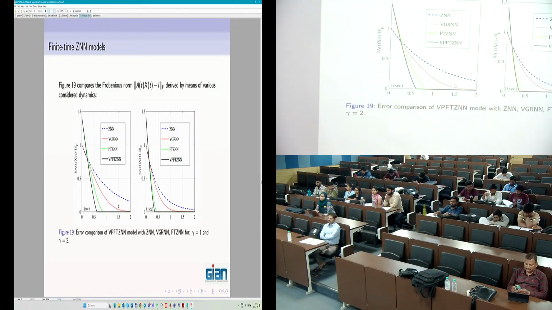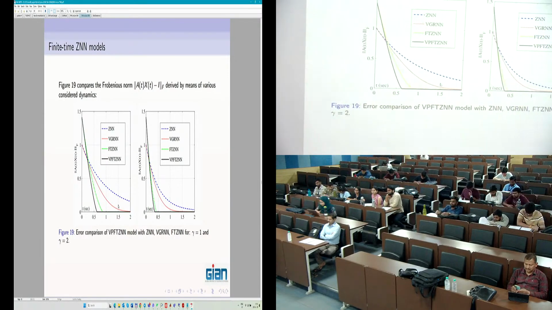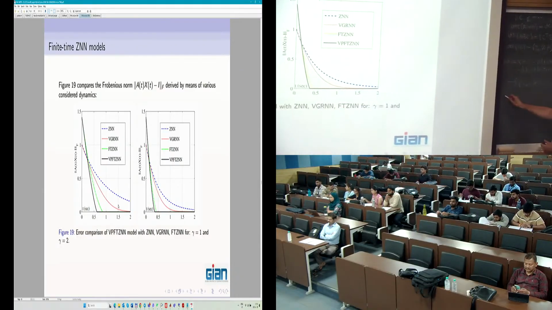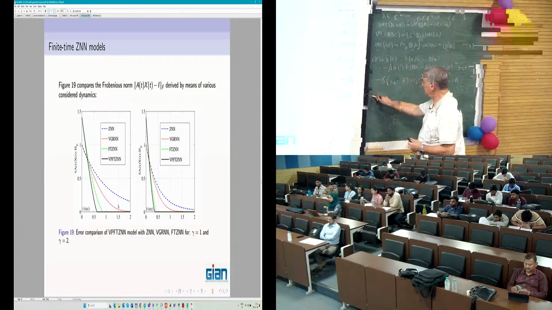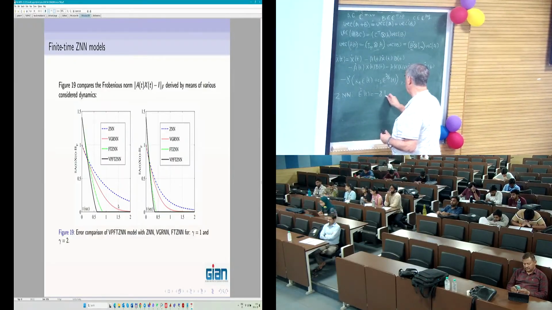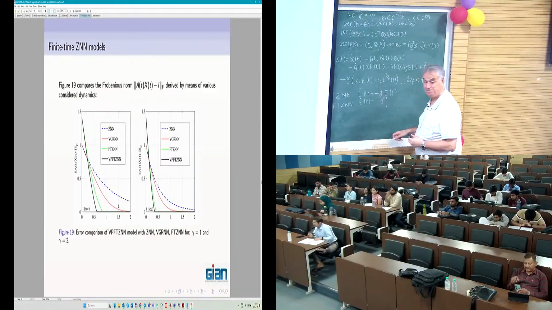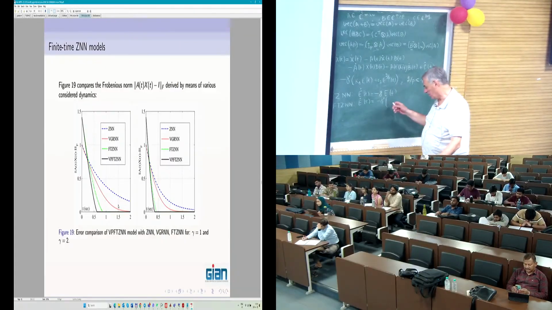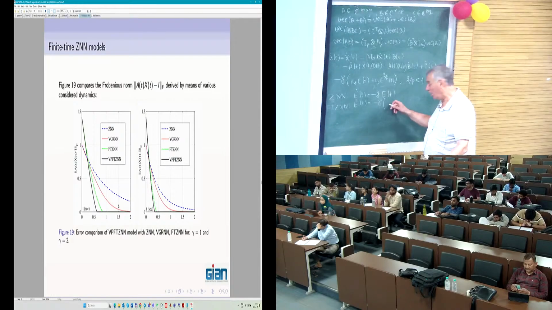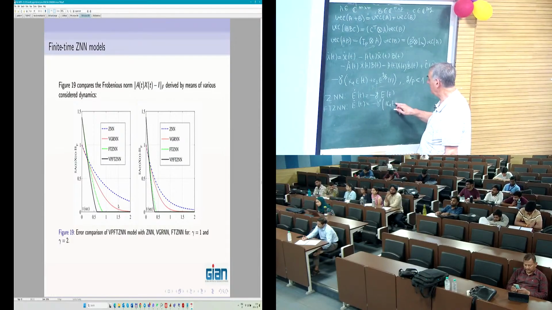Different activation functions which are ZNN, standard finite time ZNN. ZNN, do you remember, is defined using e dot is equal to minus gamma E of t. Finite time ZNN, minus gamma. What was here? Can say 1 power.